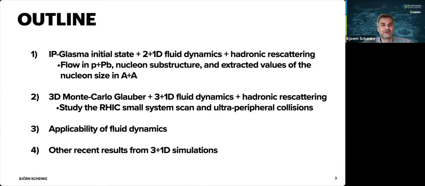With the first one, we're going to look at things like flow in proton-lead collisions, nucleon substructure, and what we can learn about that in pA, but also in heavy ion collisions. And in the second part, I will talk about this 3+1D simulation and focus on the RHIC small system scan.